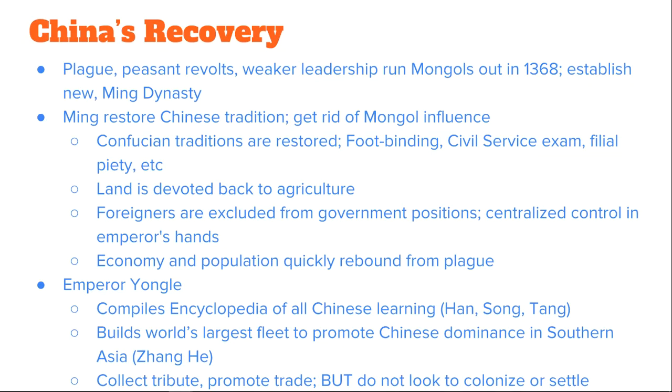The purpose of the fleet is to collect tribute, it is to promote trade, but, and this is a big difference between China's maritime exploration and the European maritime exploration, their goal is not in any way to colonize or settle new lands.